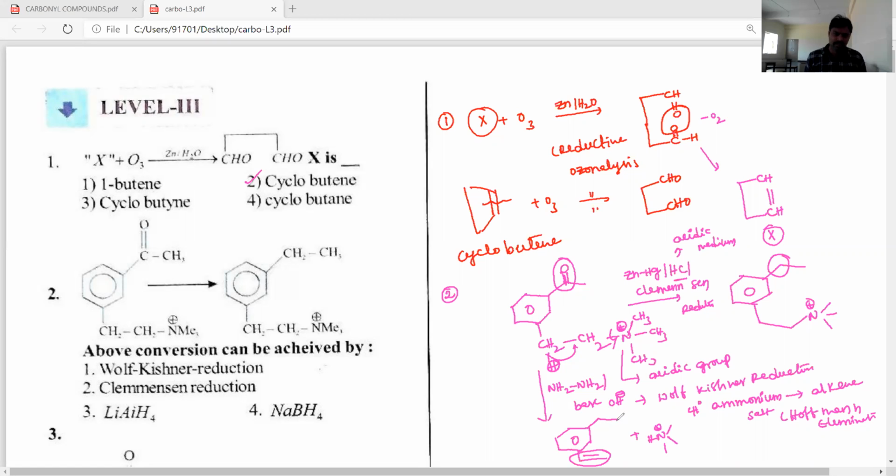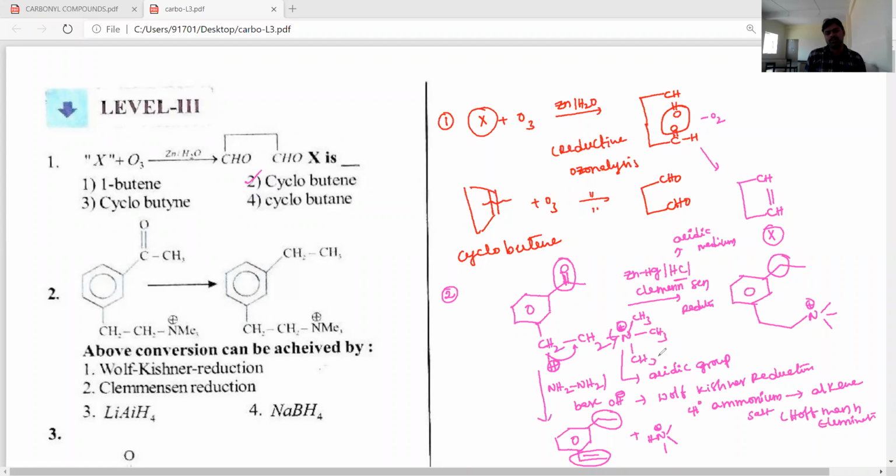because quaternary ammonium salts in basic medium undergo an elimination reaction known as the Hofmann elimination reaction and form the less substituted alkene as the major product. So without affecting the quaternary ammonium salt, the C=O group is converted into an alkane, which takes place in acidic medium only, that is the Clemmensen reducing agent.